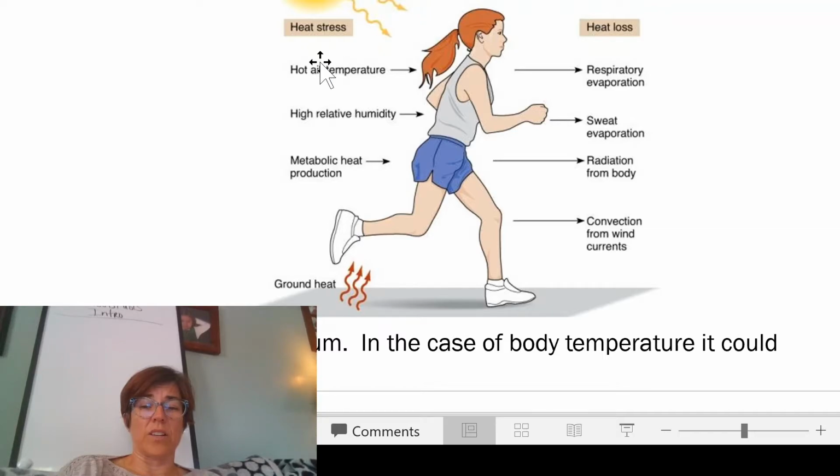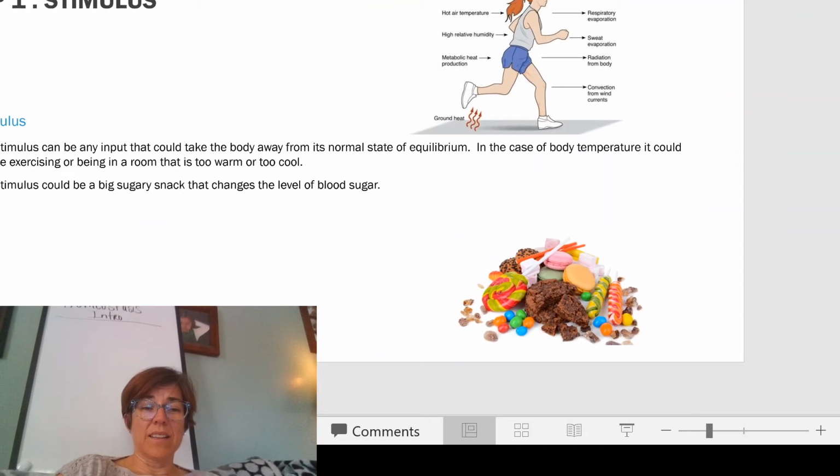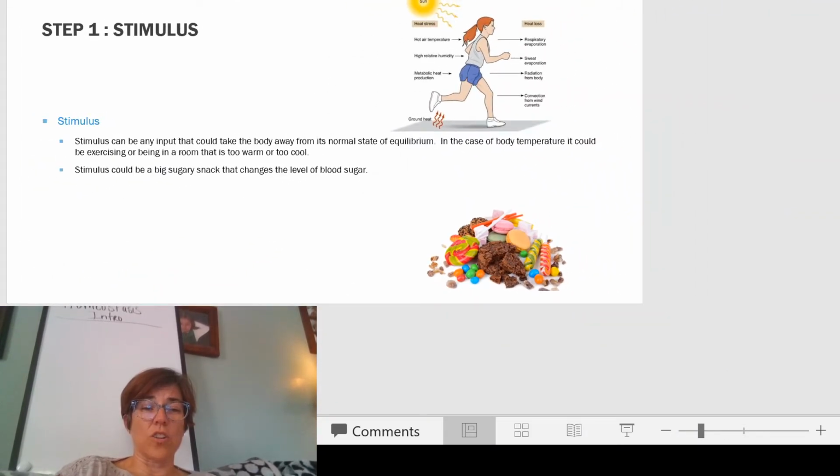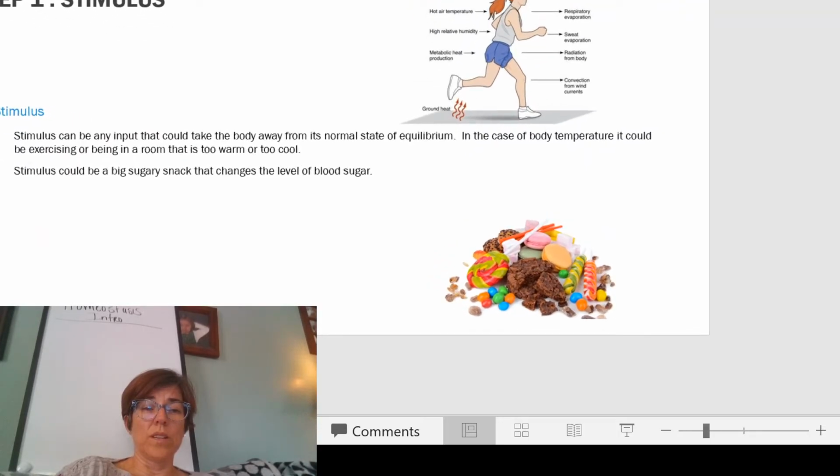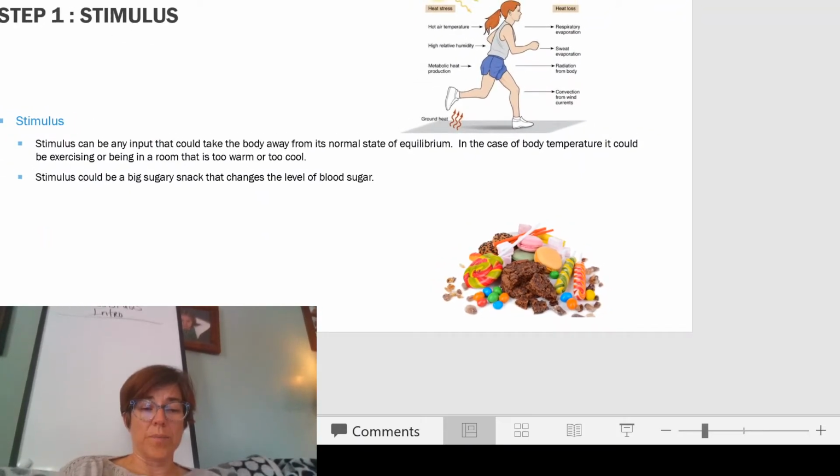The sun is beating down on her. It's hot outside. It's humid, so her sweat is not evaporating as easily. Metabolic heat production, that's the actual heat produced by her body because it's exercising. The ground is kicking up heat at her. Those are all stimuli that are affecting her ability to stay at her set point.